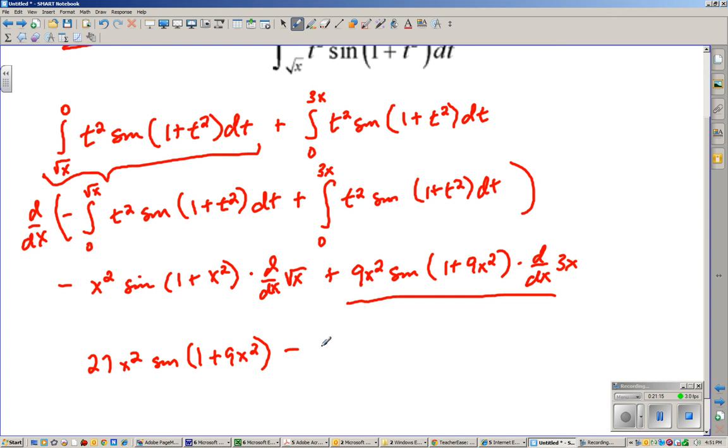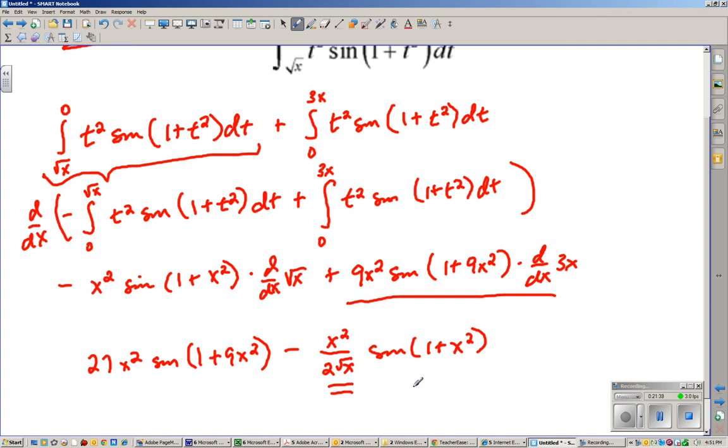So now maybe I can say that this is x squared over 2 radical x. And it's times what? The sine of 1 plus x squared. Now we could do a little more with that. We could write x to the 3/2 up top, but I don't know that that makes it any more elegant.